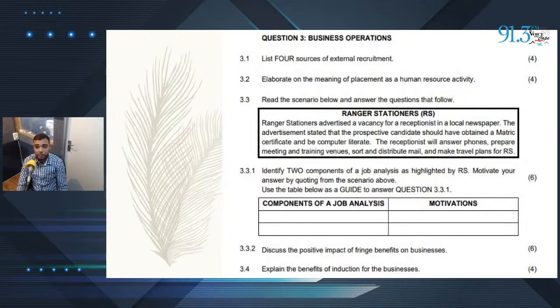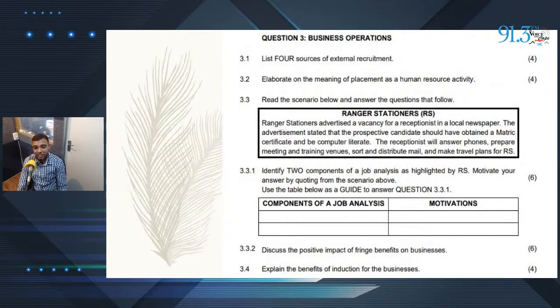So the positives about these benefits on businesses is that it attracts qualified employees who may positively contribute towards business goals, improves productivity, resulting in higher profitability, and a business saves money as benefits are deductible.